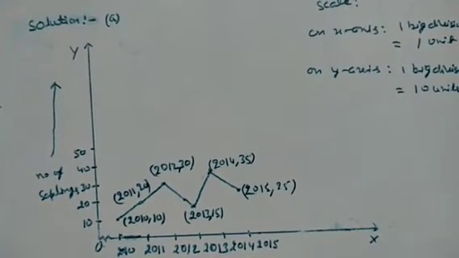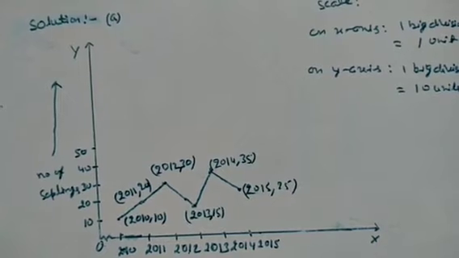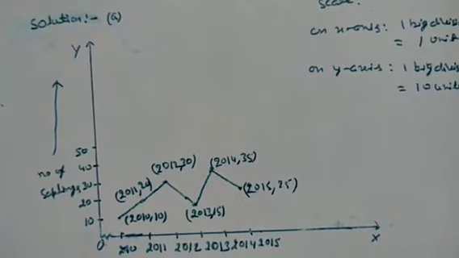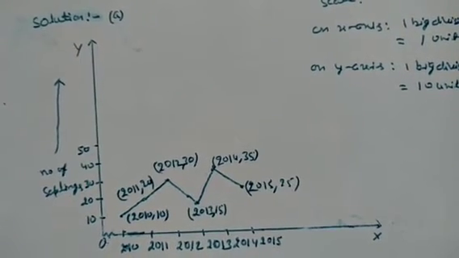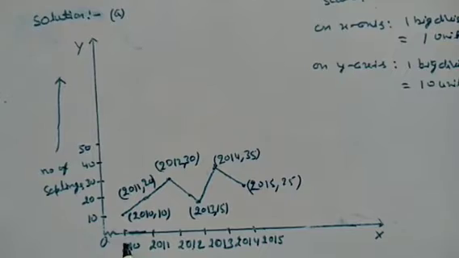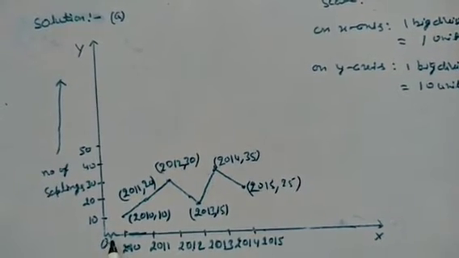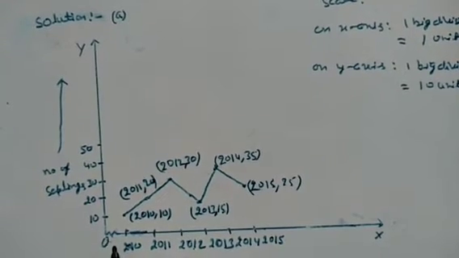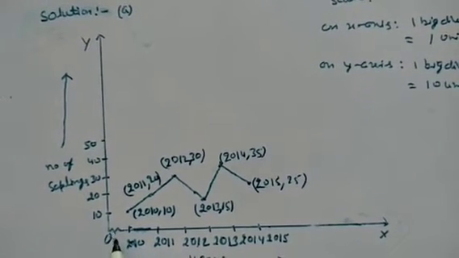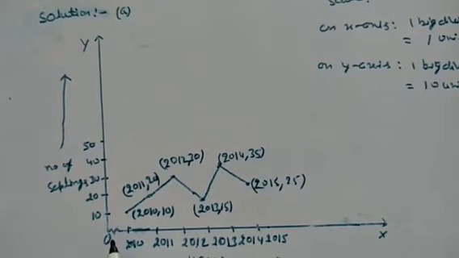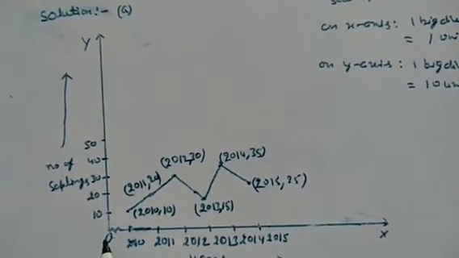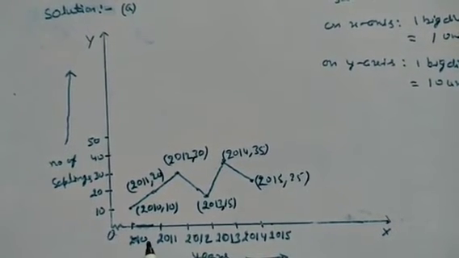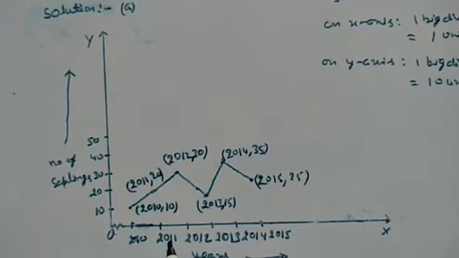Now what does this mean? Not starting from 0? Let me explain this from this particular example. See students, here on the x-axis I put a kink because on the x-axis the gap is not the same from 2010 onwards.